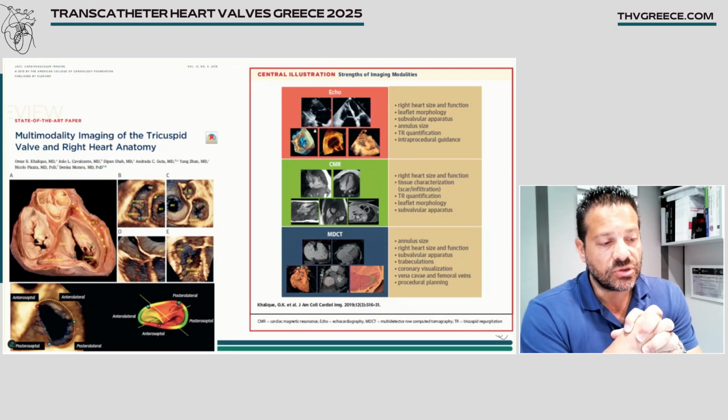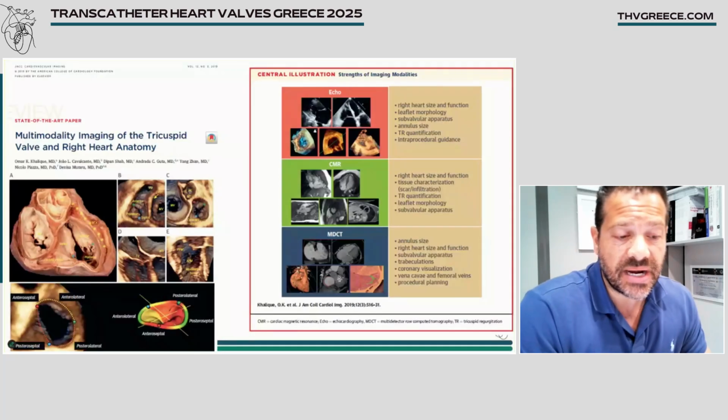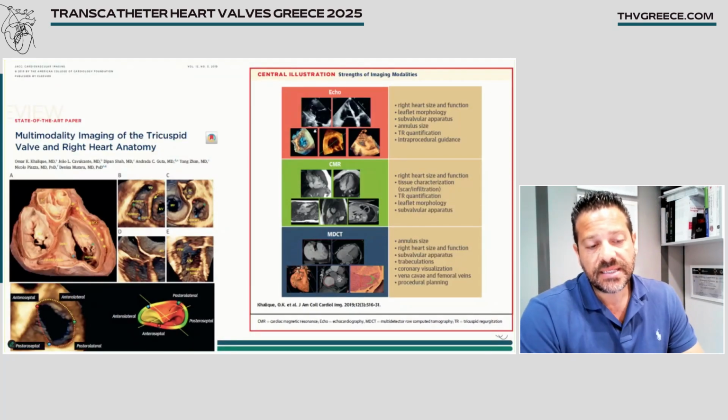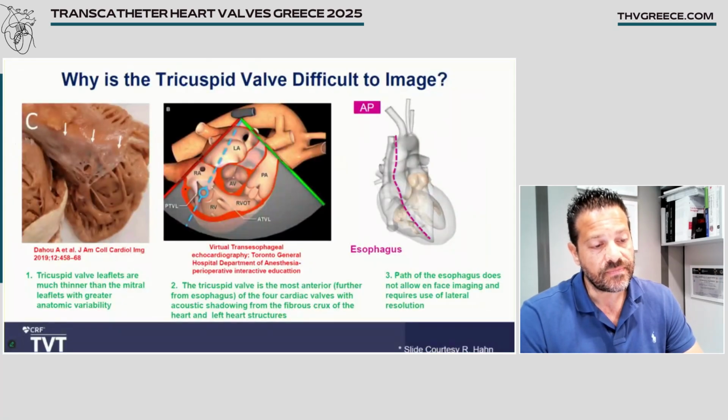But if we want to evaluate the right ventricle better for function, size and tissue characterization, we need to use cardiac MRI as well. Cardiac CT is mainly used for patients that we will plan for transcatheter tricuspid valve replacement.